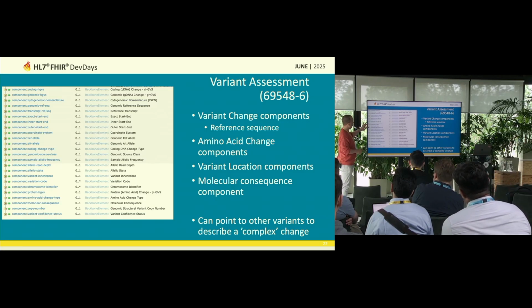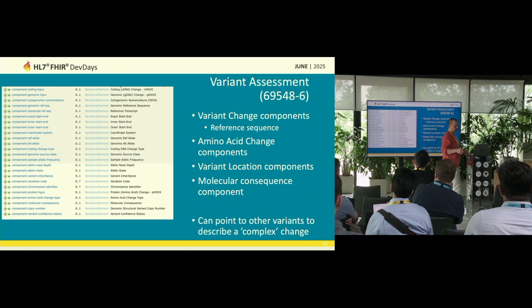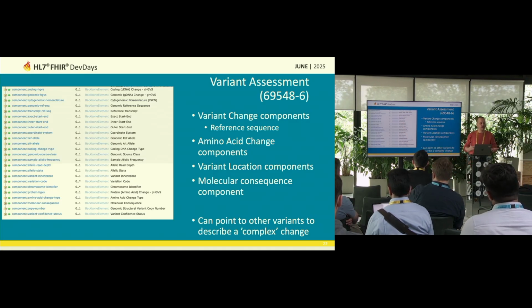Ref and alt allele for VCF style reporting, sample allelic frequency, read depth, state, and so on. So you don't have to use all of them, but you can. And that's also a challenge for labs starting FHIR reporting of genomic reports. Which components do I need? So this is the first step. You have to map your information, as I have shown you in one of the first slides: this PDF part goes into this profile, into this component.